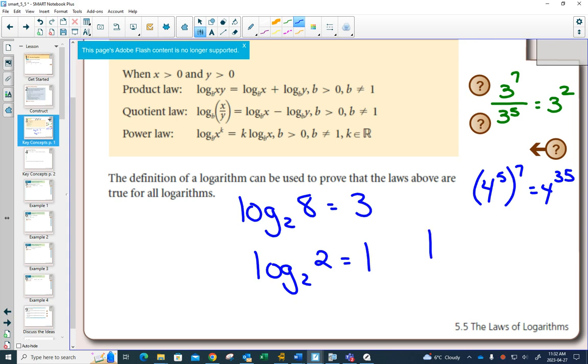Did you know that you could write 8 as 2 cubed? And this new log law says anytime you have an exponent, you can bring that exponent out in front. I bring the 3 out in front, and I'd get 3 log 2 of 2. We know log 2 of 2 is 1. We know that 3 times 1, hopefully, is 3. And so we can see that these are the same using this new log law.